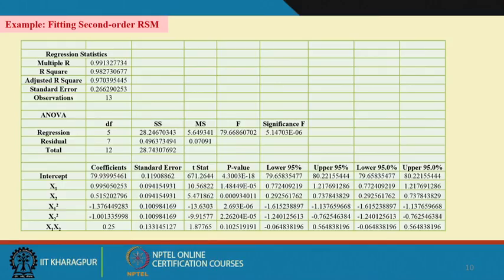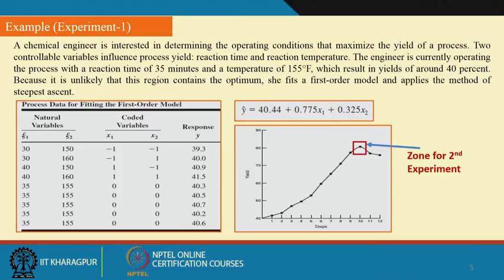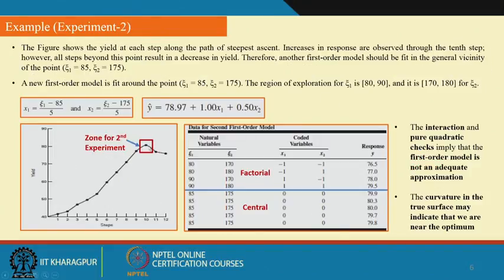Now, this response surface will be analyzed properly to see whether the zone where we have done the second order experimentation is the optimum zone or not. That will be known through analyzing the response surface.